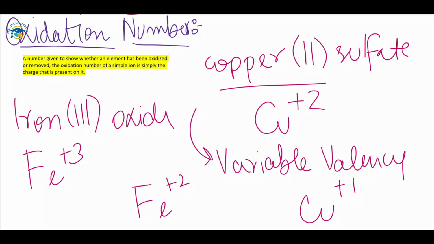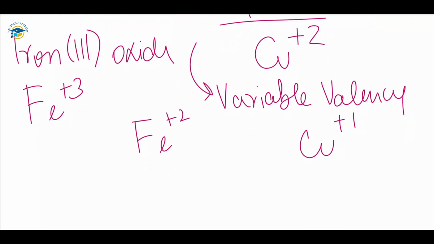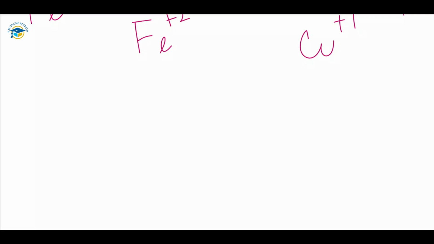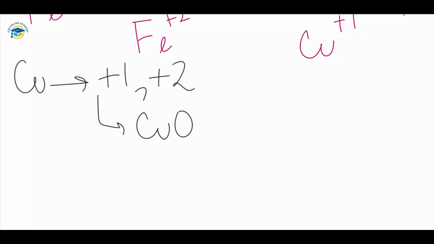We have another example: copper. Copper has the variable valency or oxidation number of +1 and +2. The +1 oxidation state is present in Cu2O, and +2 is present in CuO, just to balance out +2 and -2.